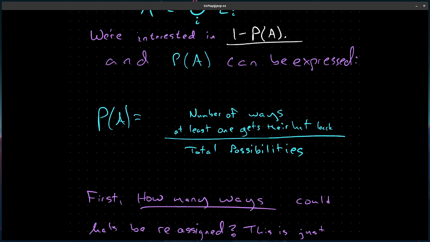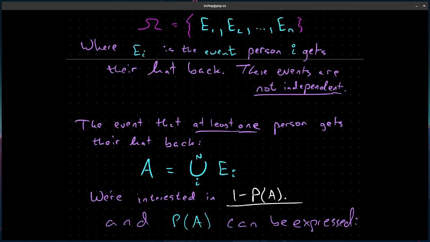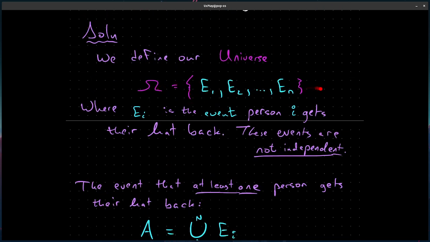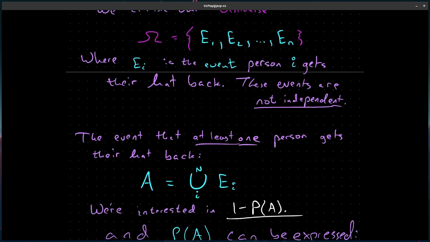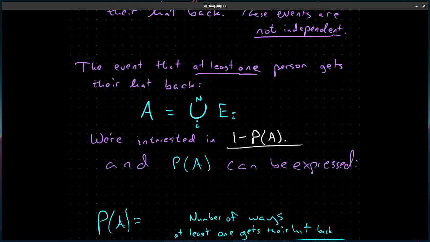So we can express P(A), and this is a fairly common trick from combinatorics. Once we've defined our sample space, the events that we care about, and our event of interest, we want to find some way to express what proportion of outcomes fall into A, and what proportion does not.